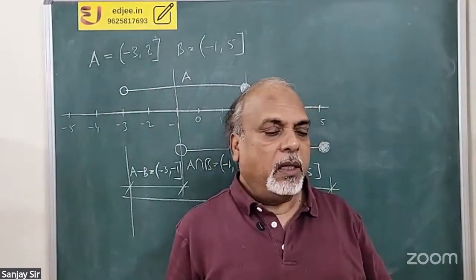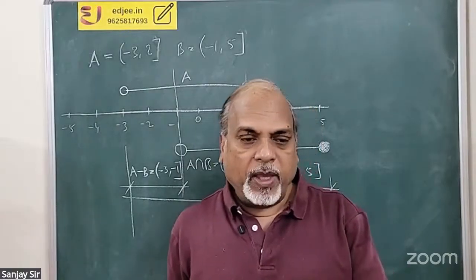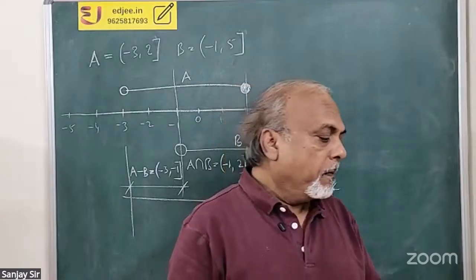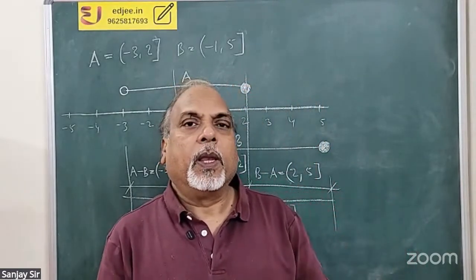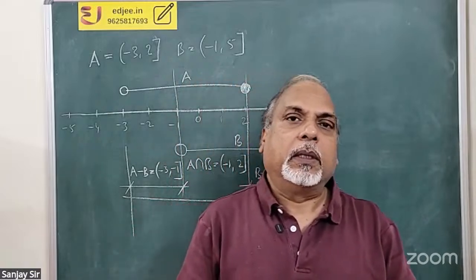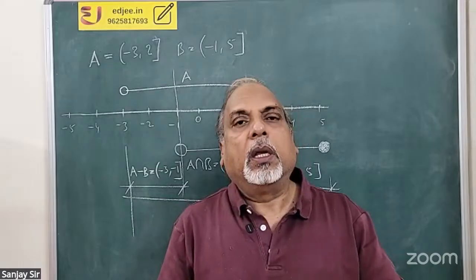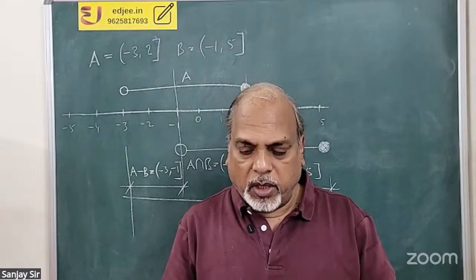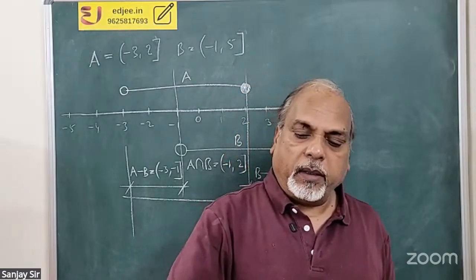With this, I think you must be clear how to represent the intervals. It is going to be very useful. You should know correctly how to represent the interval. Correct?